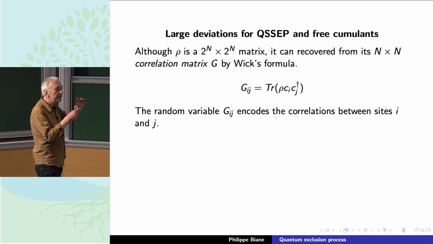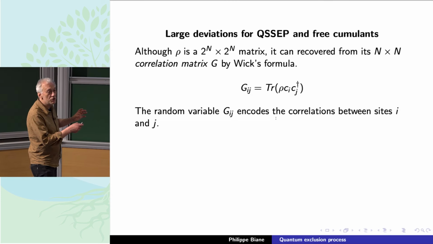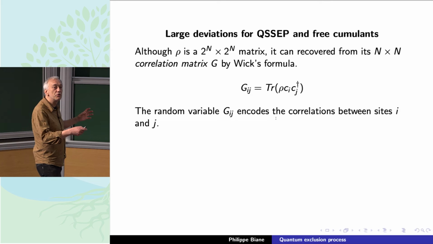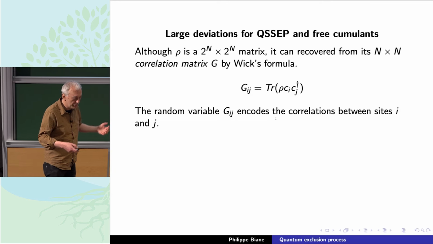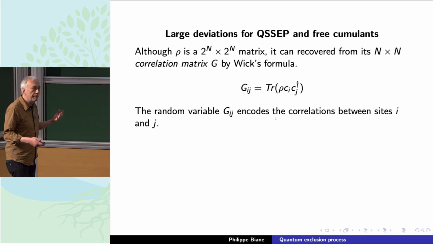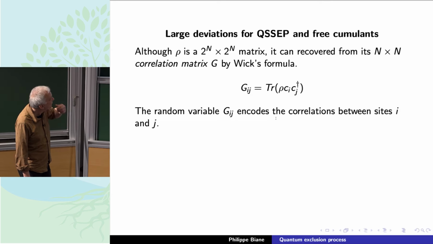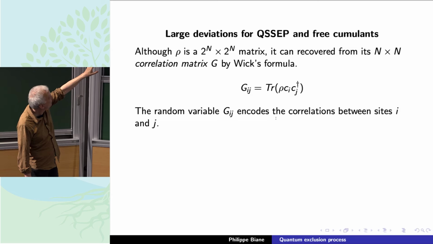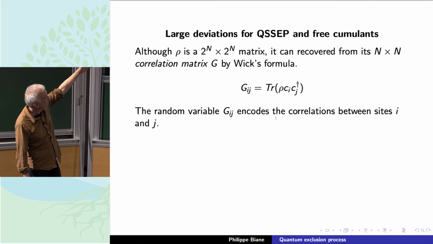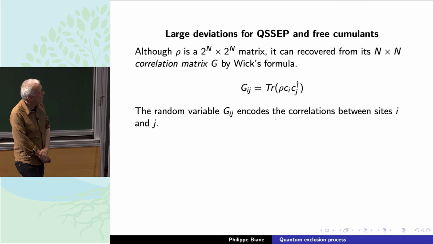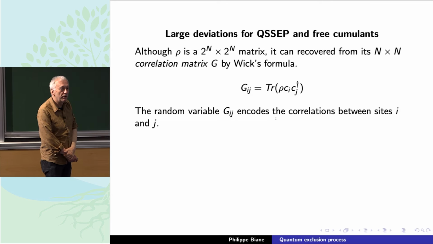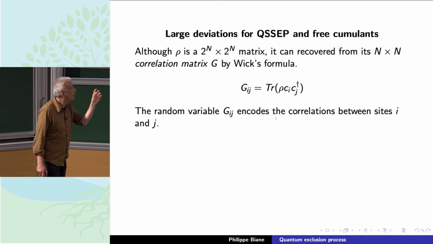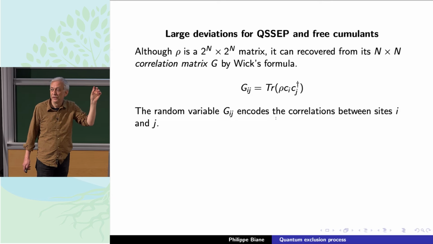In particular, it is completely determined by its correlation function, exactly like a Gaussian vector is determined by its covariance. So we can reduce all the information in rho into the information of the correlation matrix, and you can go from one to the other by essentially Wick's formula. So Gij is just the correlation of the creation operator at site j and the annihilation operator at site I.